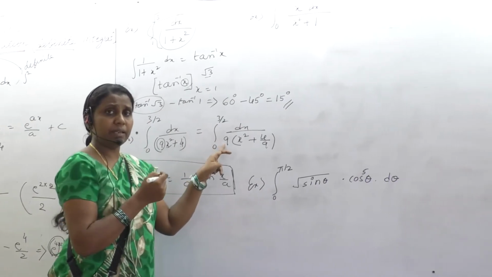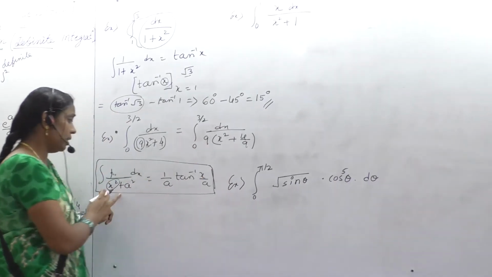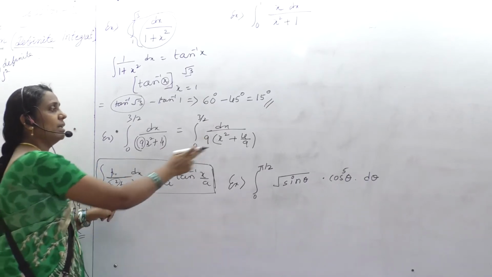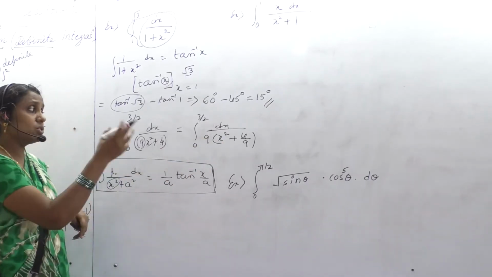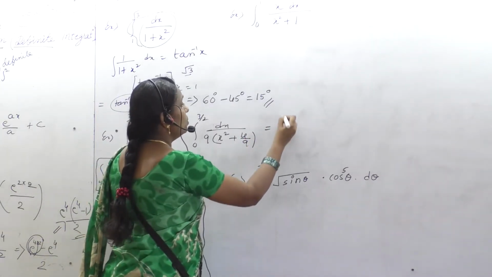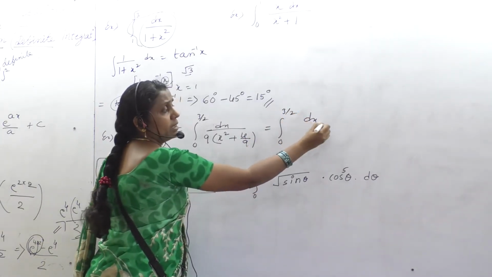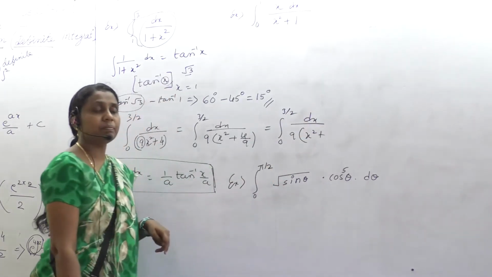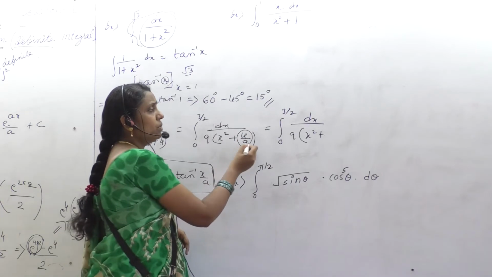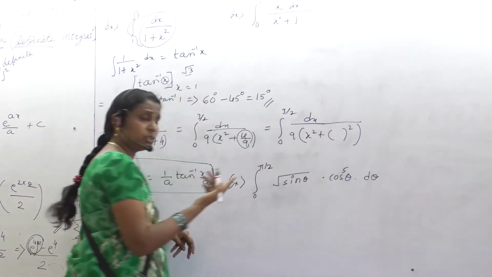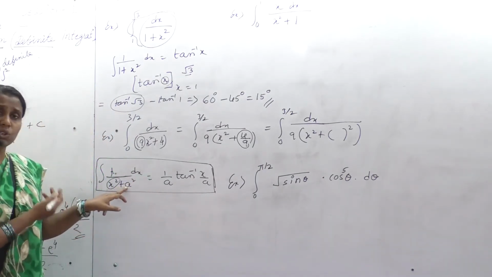Why is it required? Do you remember the format? It should be in this way: x square plus a square. So a square now we have to write. What will I do now? 0 to 3 by 2 dx divided by 9 x square plus 4 by 9 is there. You have to write this 4 by 9 in square form. Why should it be in square form? Because it should be in this pattern.